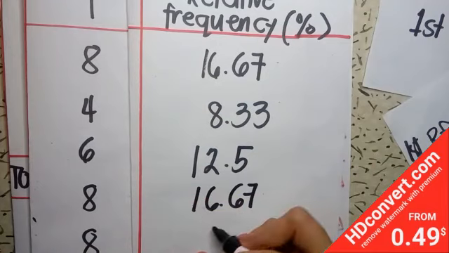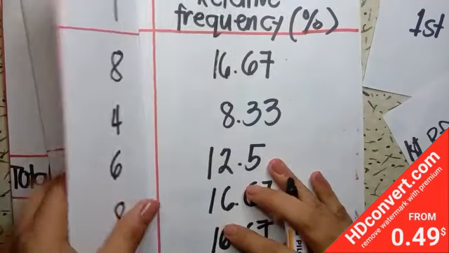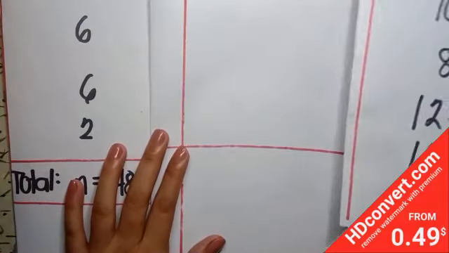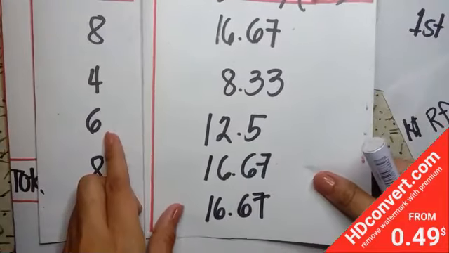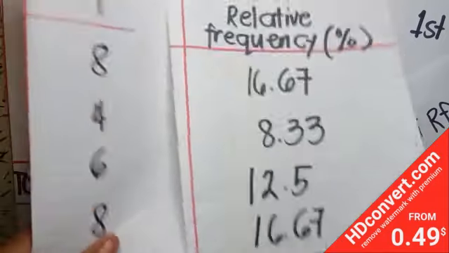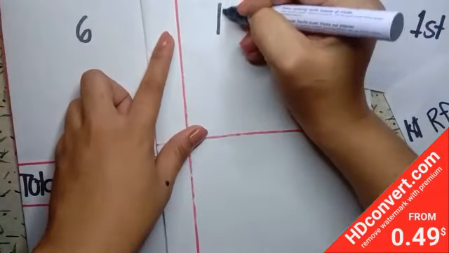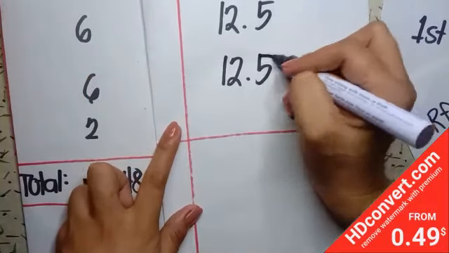The next is also 16.67. Then, since for the earlier 6 we already got 12.5, we just copy it. So, 12.5, then 12.5.